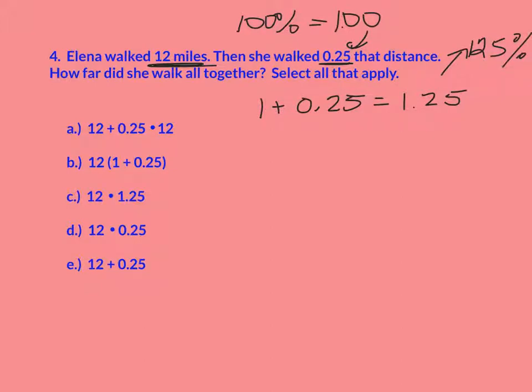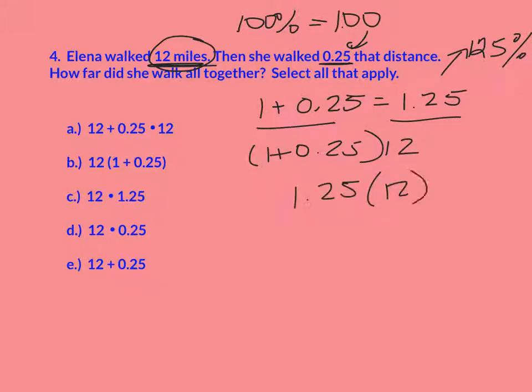Okay, so 125% is what we have, and we are finding that out of our 12 miles. So we could use either one of these. I could have 1 plus 0.25 times 12. I could have 1.25 times 12.